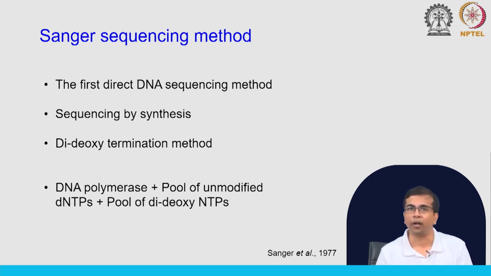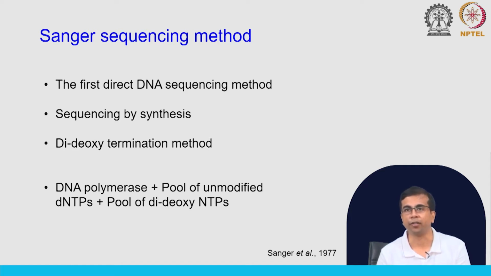We will have a pool of unmodified dNTPs. These are normal dNTPs that we use in the lab, meaning dATP, dGTP, dCTP and dTTP, plus we have a pool of dideoxy NTPs. These are the dideoxy terminators. Once they are incorporated in the synthesized strand, these will block further synthesis.